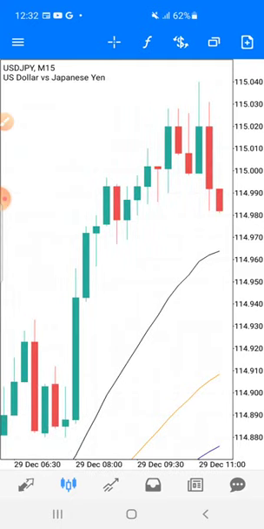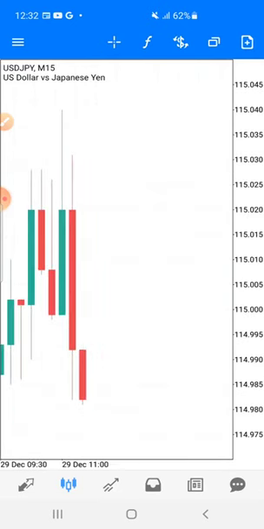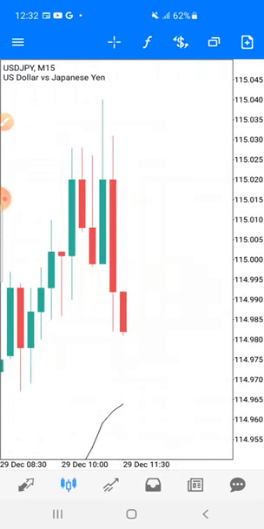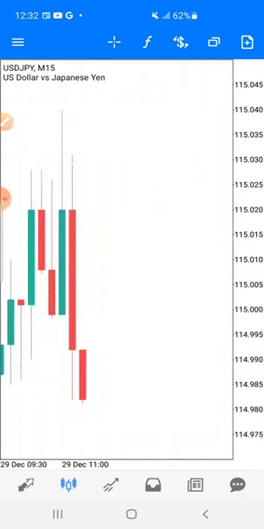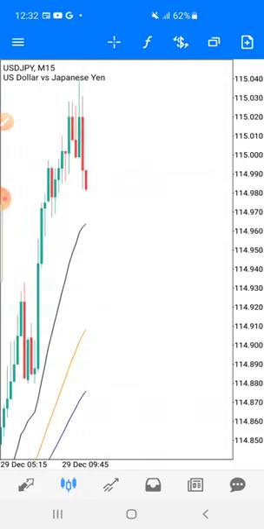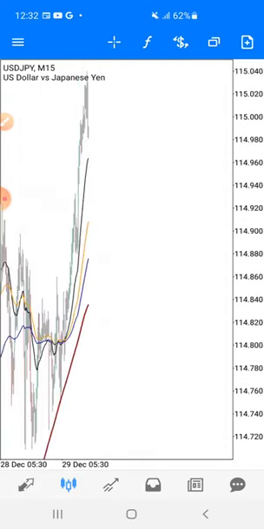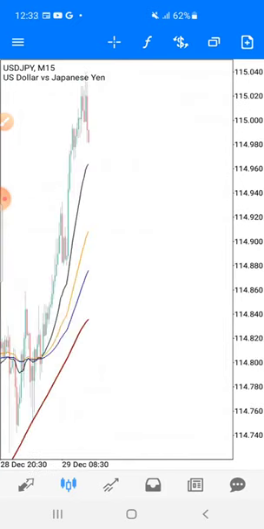Now we dive into this video. First of all, you can see that I am on USD JPY, and this is the final zoom level. I will zoom out completely, and just follow me: the first zoom level is this one.